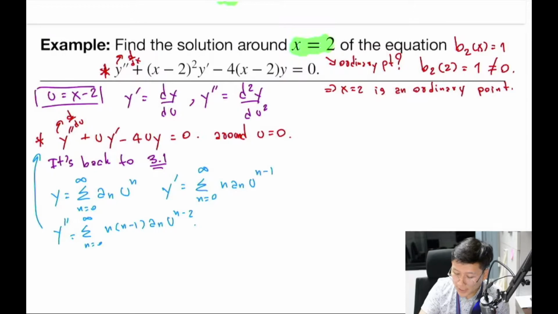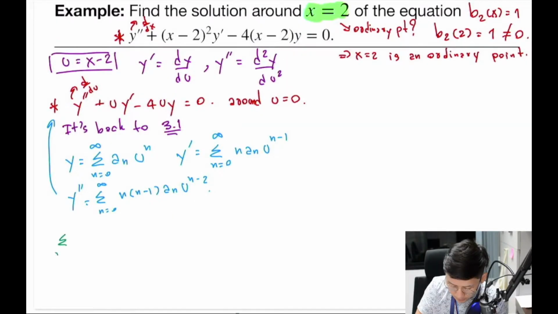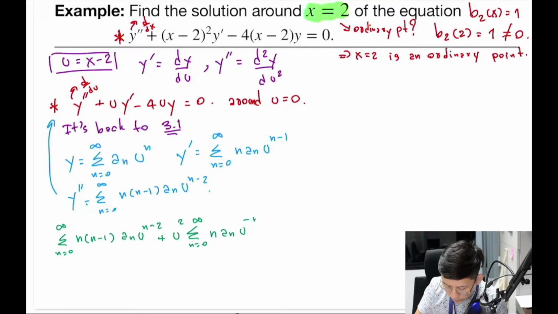So what we have would be summation n from 0 to infinity n times n minus 1 a_n u to the n minus 2, and then plus u, because x minus 2 is u, since we substitute u with x minus 2. So this would be u squared, and then y prime, that will be u squared summation n from 0 to infinity n a_n u to the n minus 1.